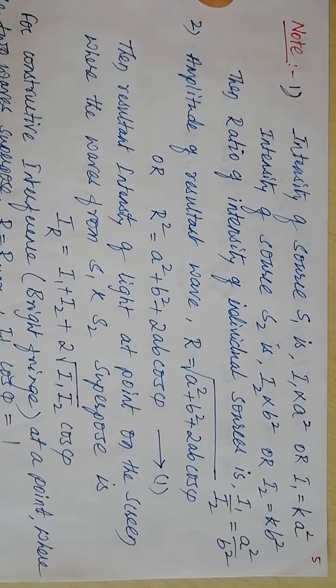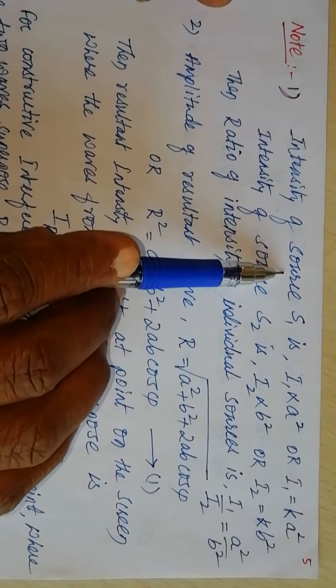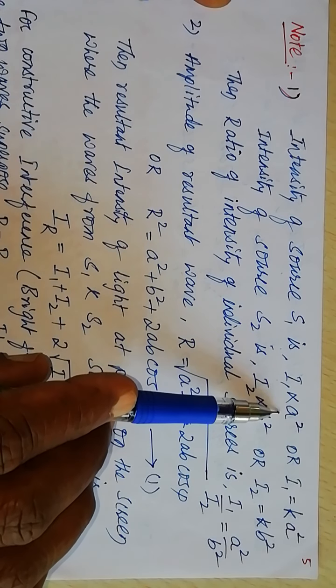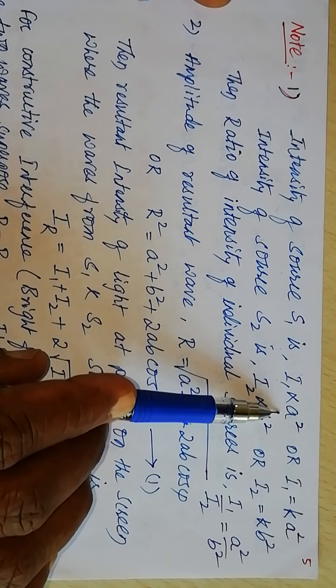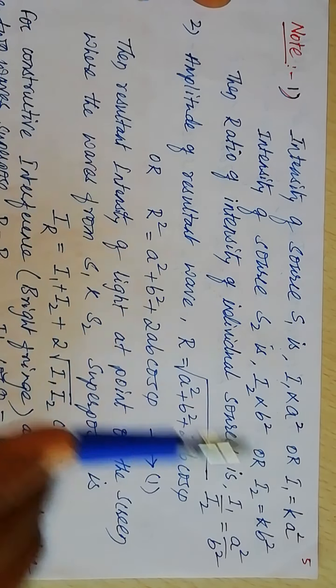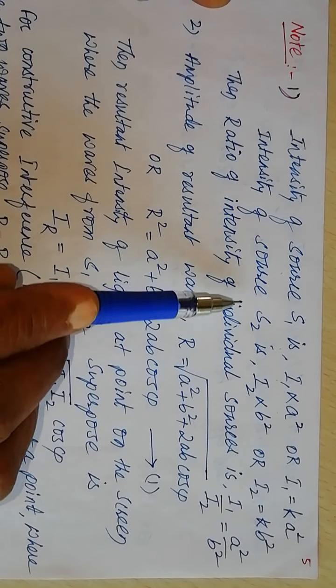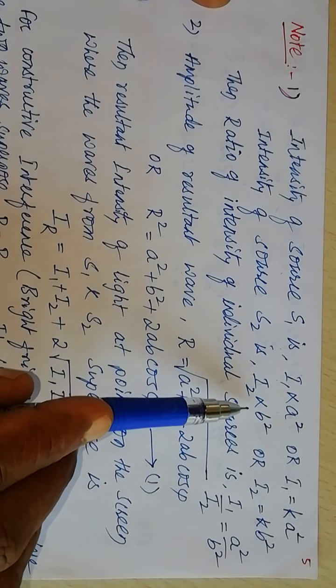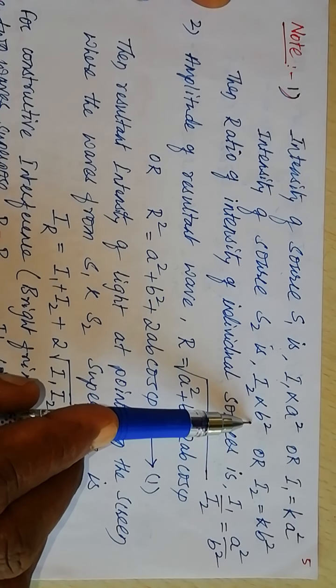Note number 1: the intensity of source S1 is I1, which is directly proportional to the square of the amplitude, or I1 equals K A square, where K is a proportionality constant. The intensity of source S2 is I2, which is directly proportional to the square of its amplitude.